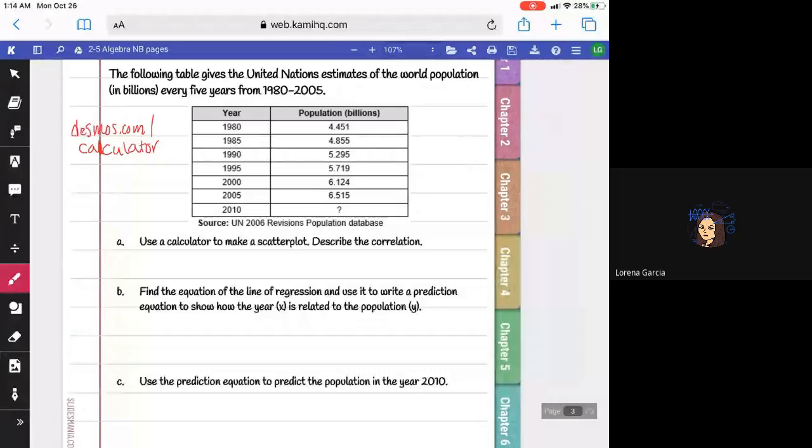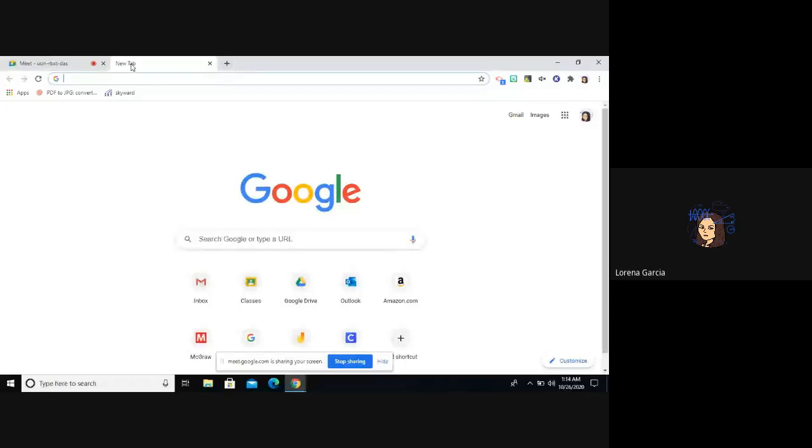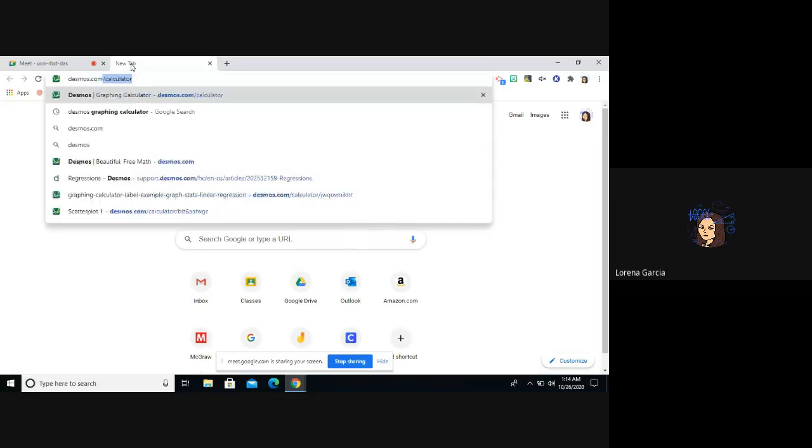Let me go ahead and show you that right now. We're going to Desmos.com/calculator.